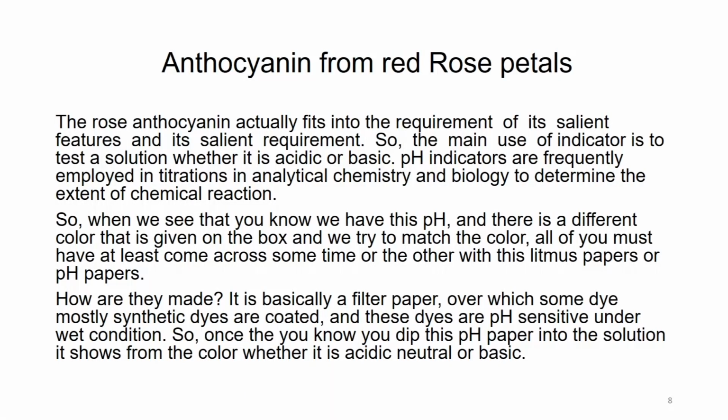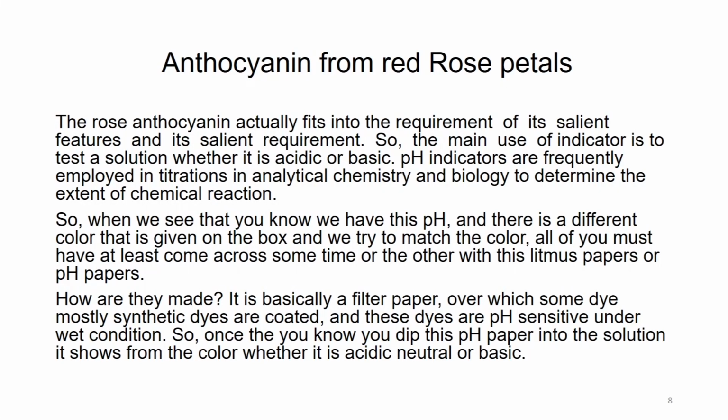How are they made? It is basically a filter paper over which some dye, mostly synthetic dyes, is coated, and these dyes are pH sensitive under wet condition. So, once you dip this pH paper into the solution, it shows the color whether it is acidic, neutral or basic.